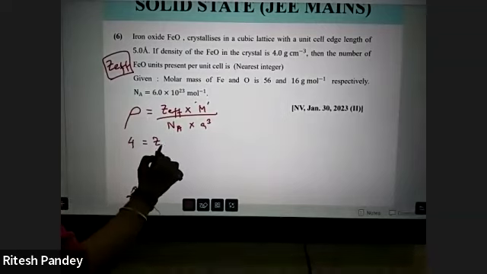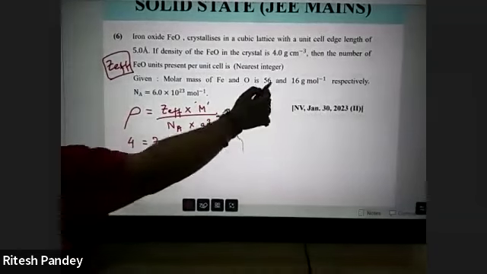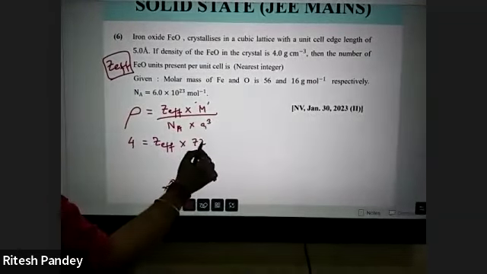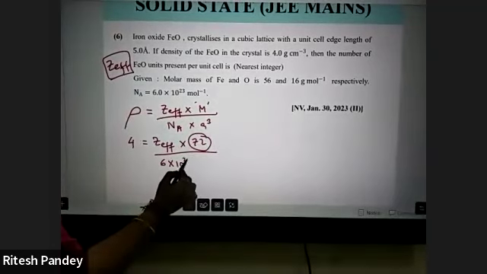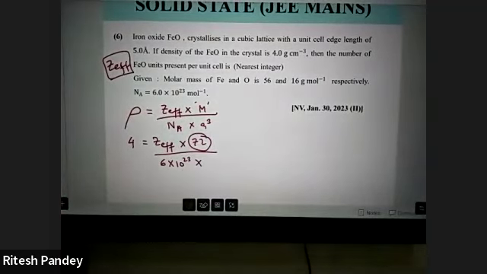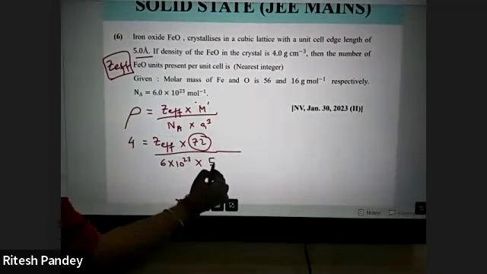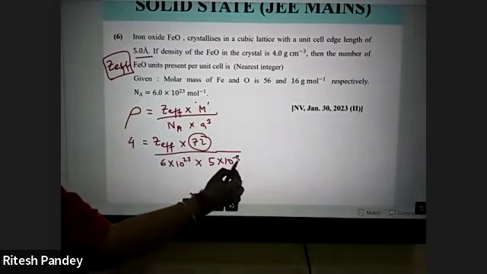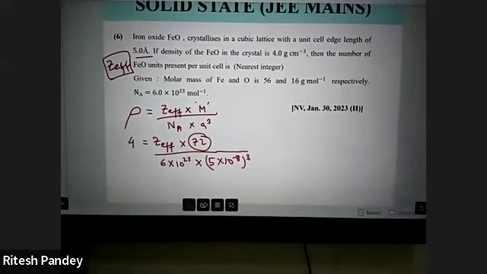The Z effective obviously is the stuff I'm looking for. Molar mass of FeO, 56 plus 16, is going to be 72. Avogadro number to be used is 6 into 10 to the power 23. And yet again, when it comes to the edge length, it's good that it's given in angstrom, else I would have converted it to angstrom. 5 into 10 to the power minus 8 and whole cube of this.